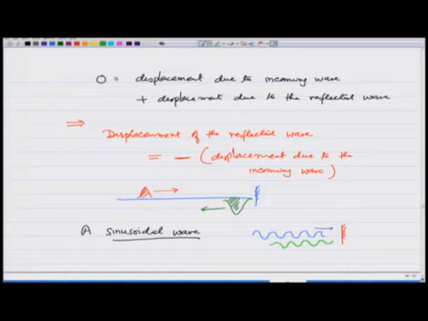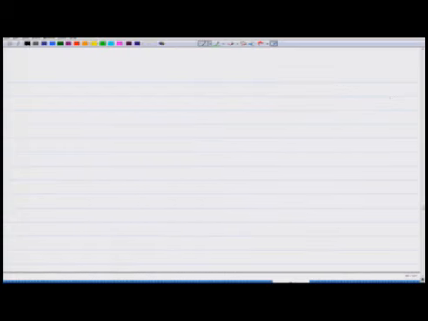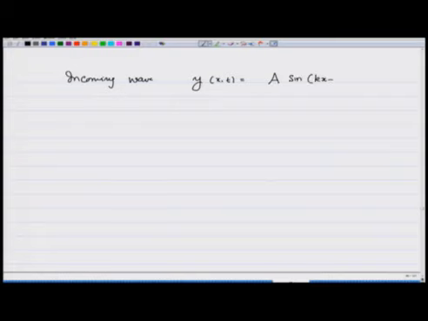How are the two displacements related? So, for the incoming wave, the displacement, let me write this as y(x,t), is going to be given by some amplitude A sine of kx minus omega t.